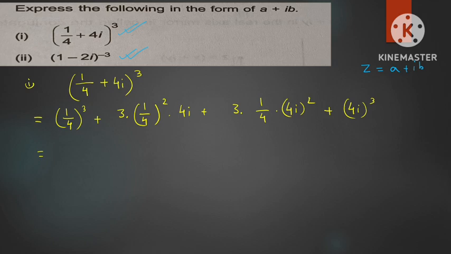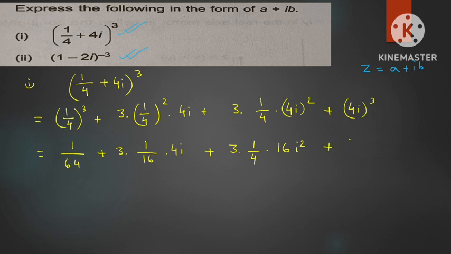So 1 by 64 plus 3 into 1 by 16 into 4i plus 3 into 1 by 4 into 16 i square, plus 64 i cube. Here you have to put the value of i square. Hope you all remember it.